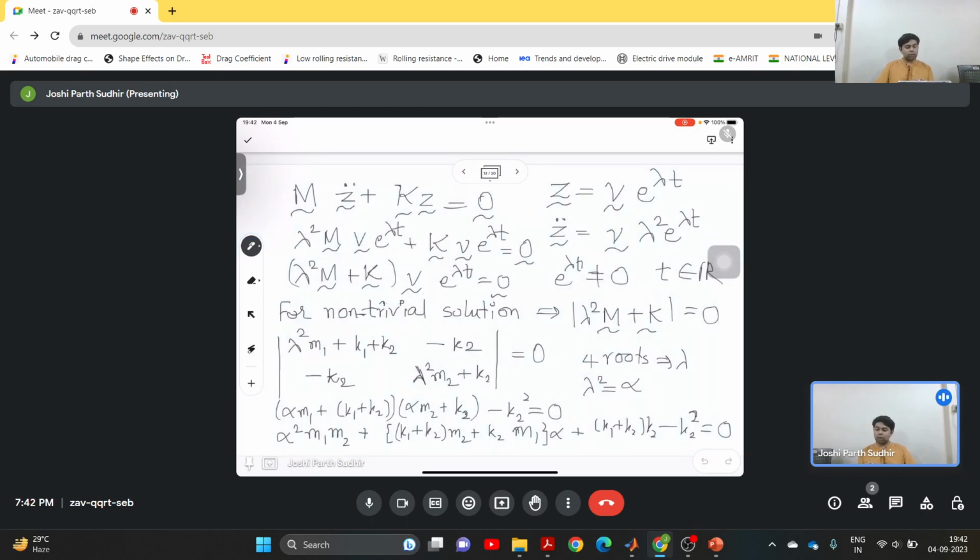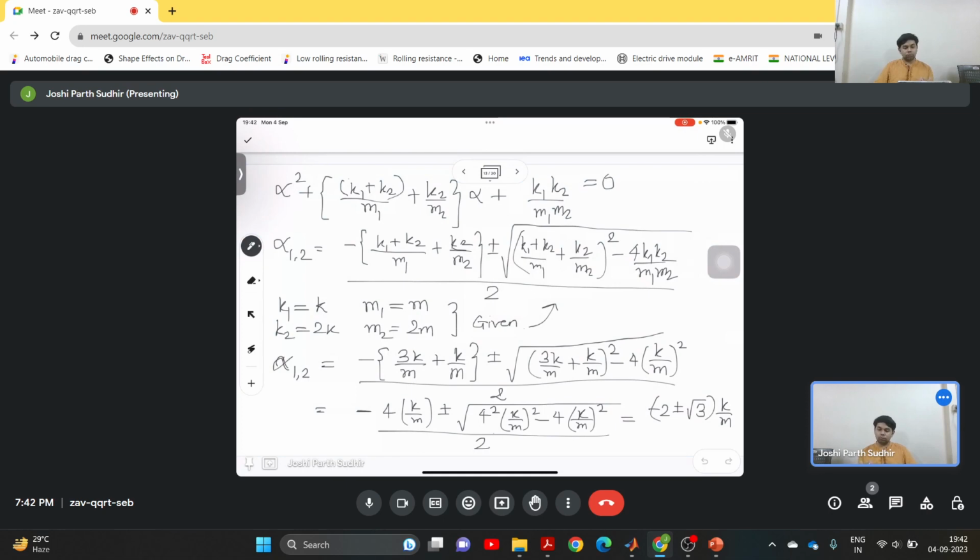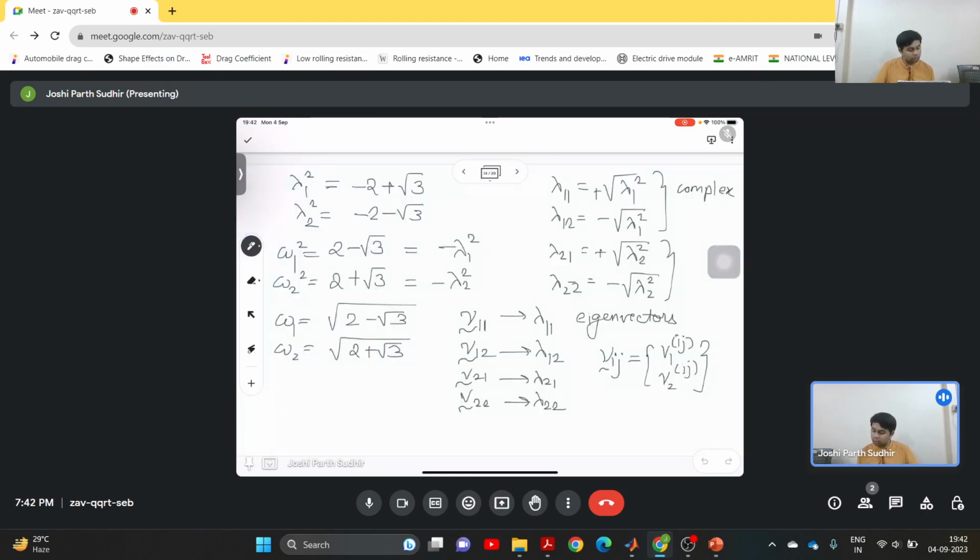So what we got is our matrix: lambda square m1 plus k1 plus k2, minus k2, minus k2, and lambda square m2 plus k2, this matrix into our vector v is equal to 0.